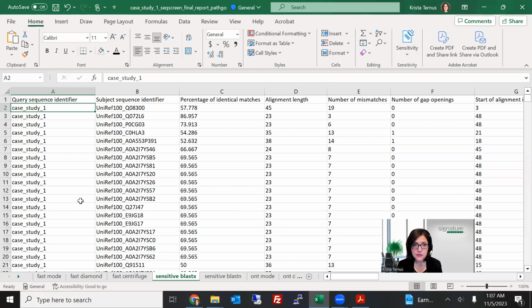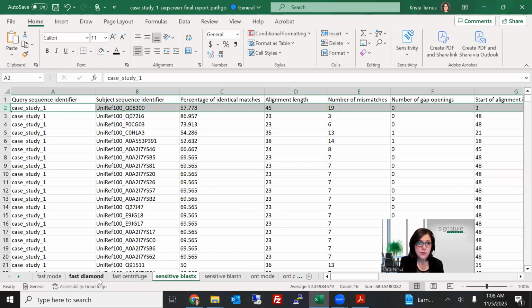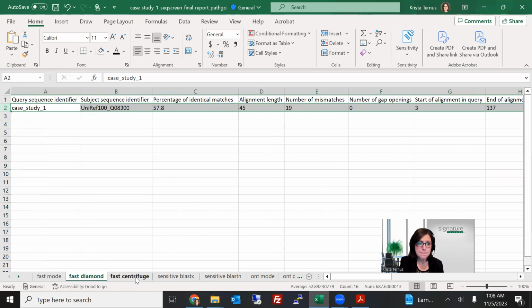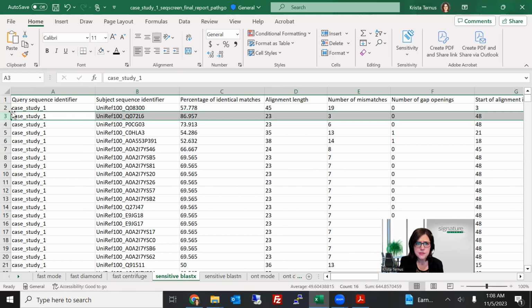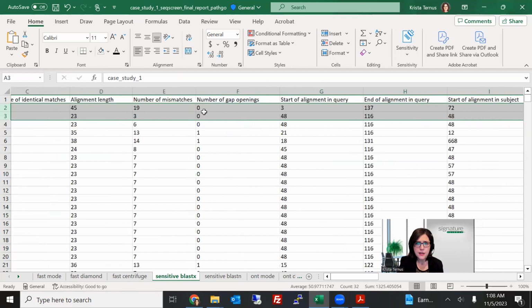One thing that jumped out to me as I looked at this is that the first row in the BlastX output is identical to the first row in Diamond. So this is the same protein that's being returned on top. The next protein though looks not like a terrible hit either. The percentage of identical matches is fairly high.